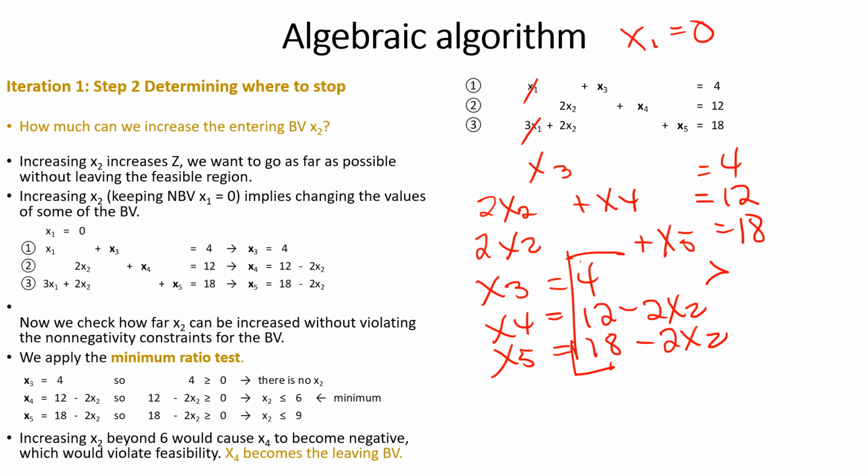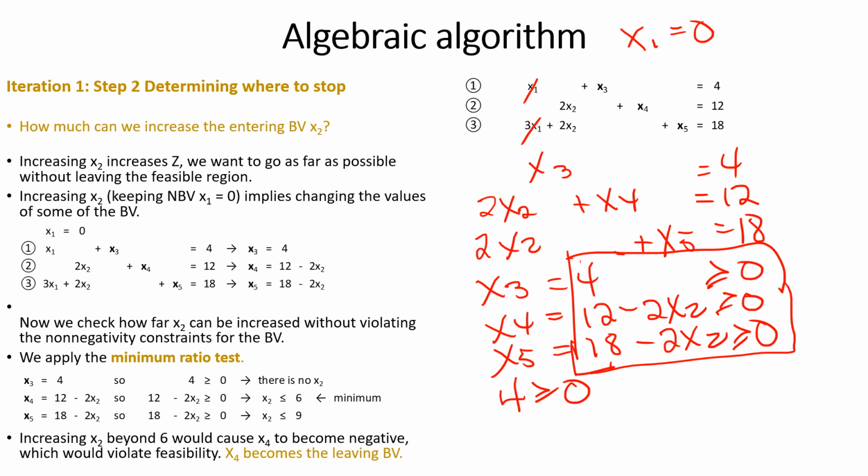We're going to say that this is greater or equal to 0, greater or equal to 0, greater or equal to 0. And this will let us know how far we can go with x2. So we got 4 is greater or equal to 0, and then we got 12 is going to be less or equal to 2x2.